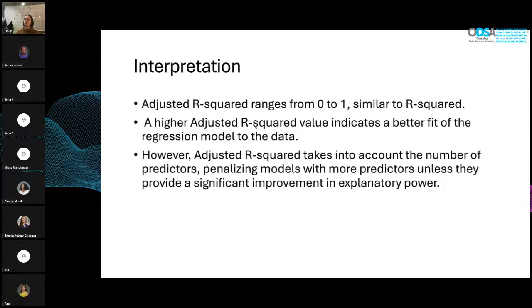So the interpretation for the adjusted R-squared, again, it ranges from 0 to 1. It's similar to R-squared. A higher adjusted R-squared value indicates a better fit of the regression model to the data. However, adjusted R-squared takes into account the number of predictors. So it penalizes models with more predictors unless they provide significant explanatory power.